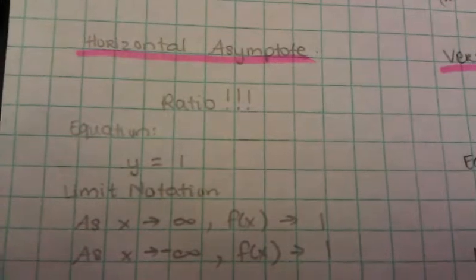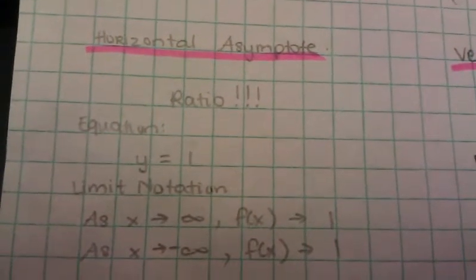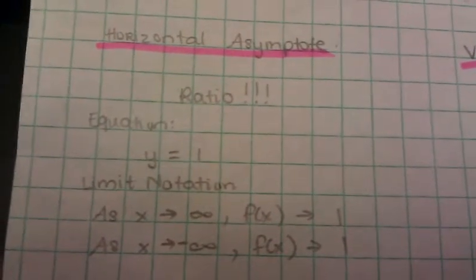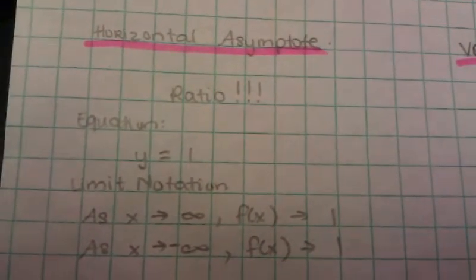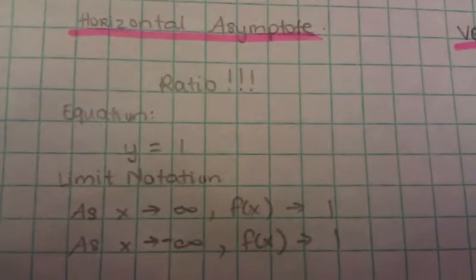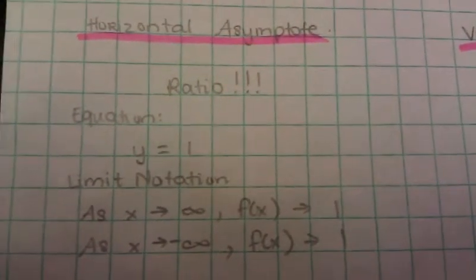As x approaches negative infinity, f of x approaches 1. So we cancel out slant asymptote, because remember, there's only one horizontal asymptote or slant asymptote. They can never have both.